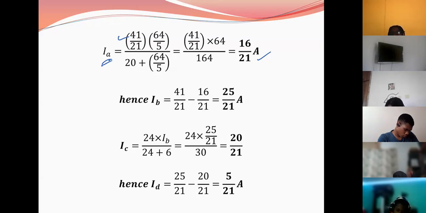And then we know that IB is divided between the 24 and the 6, so we get IC and ID. So do we have all these currents?